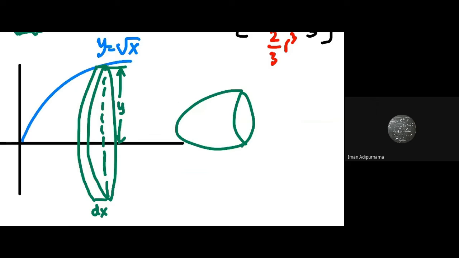We multiply the area, which is pi times the radius squared, where the radius is y. Because we are evaluating with respect to x, we are going to have a function of x for the area also.